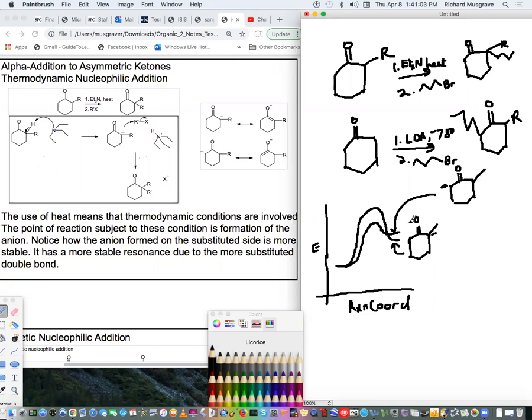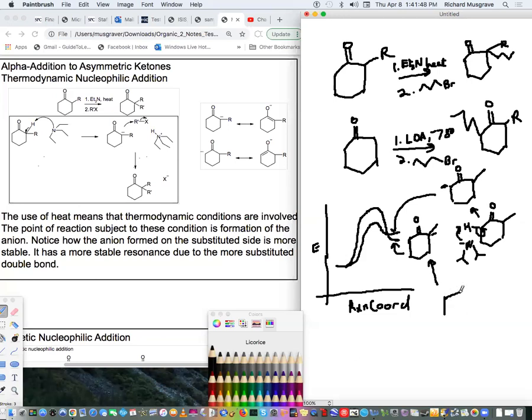Now it turns out that the process used to form this one requires a lower activation energy, and I'll use the LDA here. Whereas the other one requires a higher activation energy.